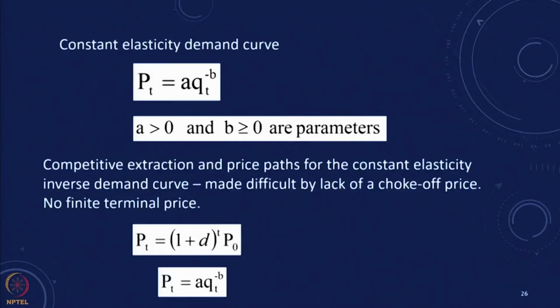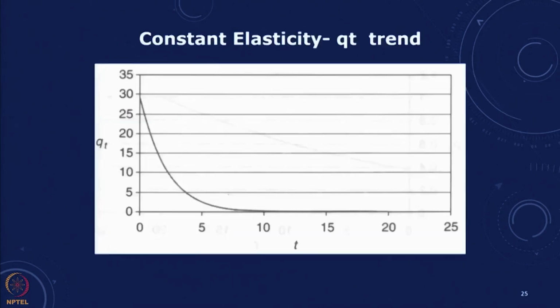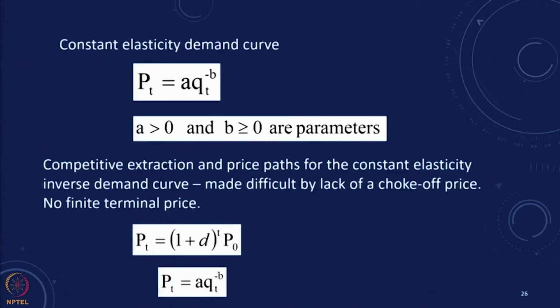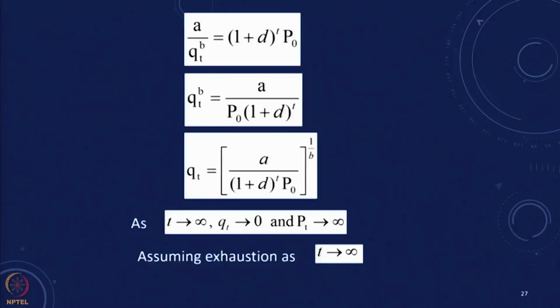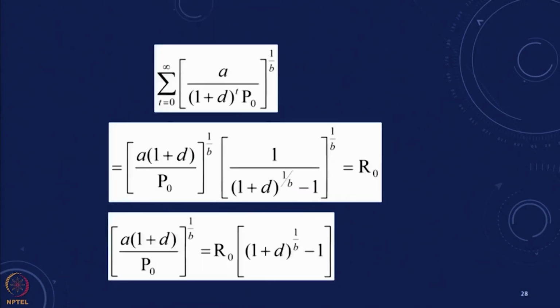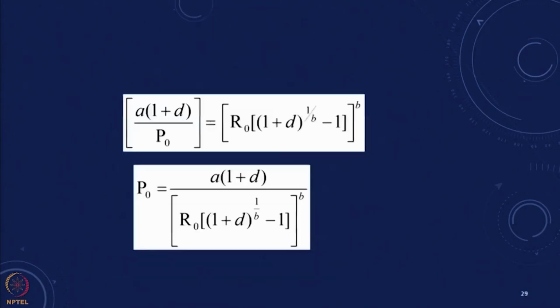And this is, we had derived this where we are looking at the competitive extraction and price path. There is no choke point, but we get the price, and this is how we said that we can derive this, and as t tends to infinity, Qt tends to 0, Pt tends to infinity, and assuming an exhaustion, we got this, and we got the expression for the P0.